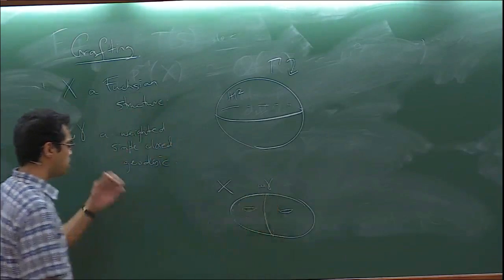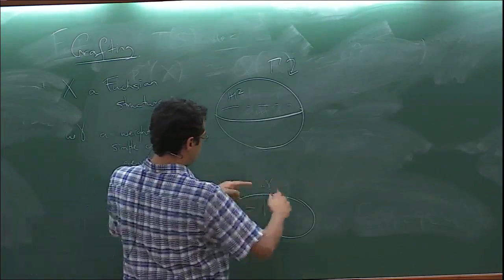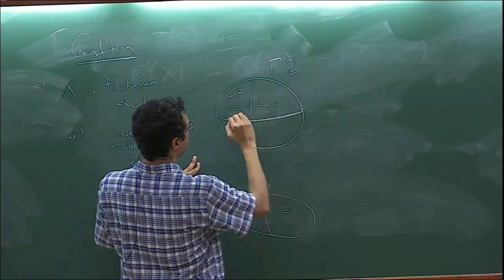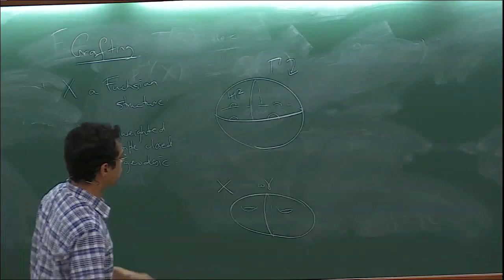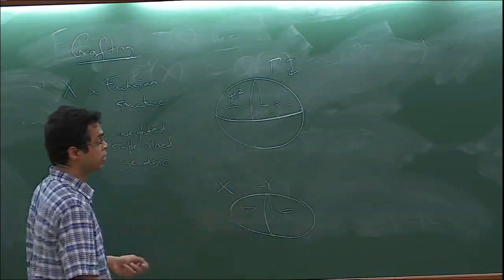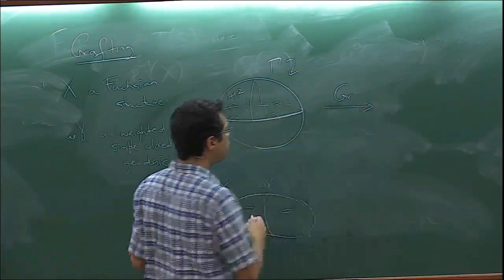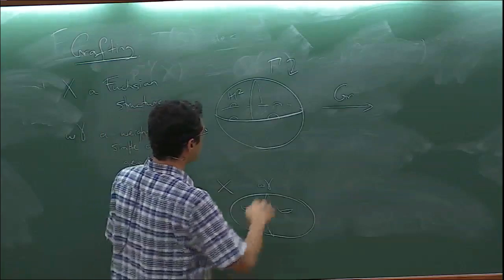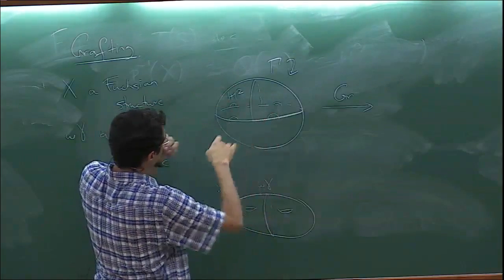Its image under the developing map gives you an equivariant collection of these lines in the upper hemisphere. This is a Fuchsian structure, and let me describe a way of deforming it to get a new complex projective structure. This is the process of grafting. What one does is bend this image of the developing map.